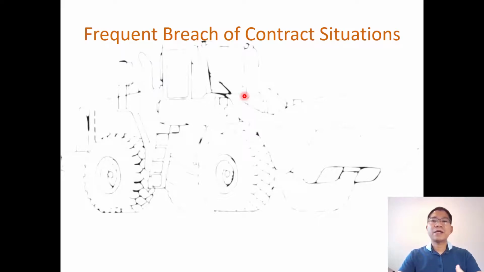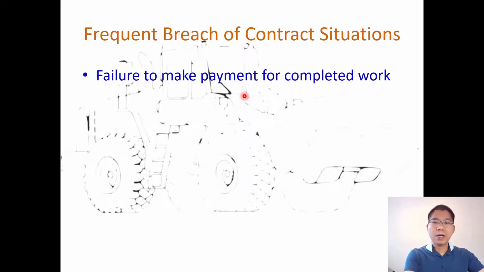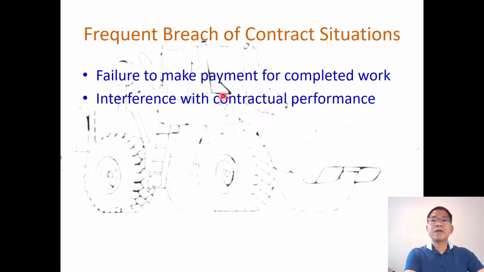But there are situations that tend to be frequently applied and occur in construction work. The first is the failure to make payment for completed work, such as an owner paying the contractor late, or a contractor paying the subcontractor or supplier late. Another is interference with contractual performance.